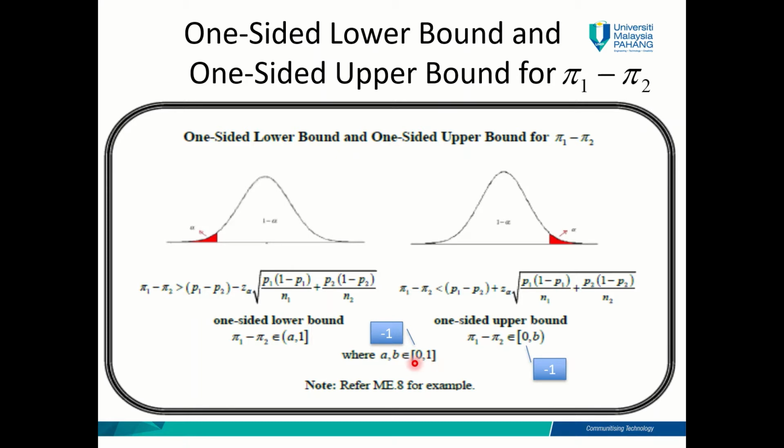It should range between -1 to 1. So for the one-sided lower bound, the biggest possible value of the differences is 1, and for one-sided upper bound, the lower boundary here should be -1. The smallest possible value of the differences is actually -1, not 0. So please make correction to your slide notes and also your module.